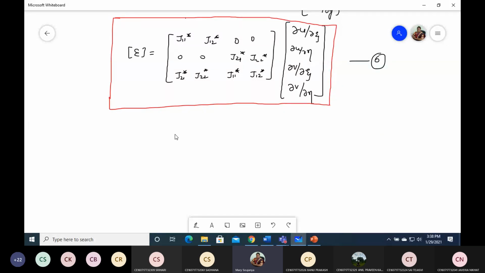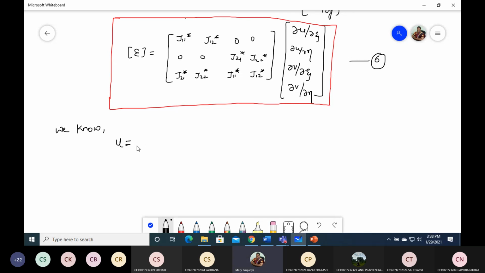All right. Now further, this matrix is even reduced. Why? Because here we have u and v partially differentiated with respect to xi and eta. We already know what u and v are from the previous cases.